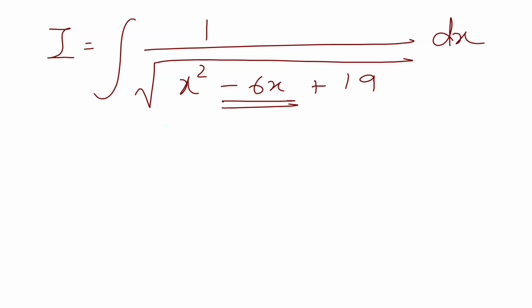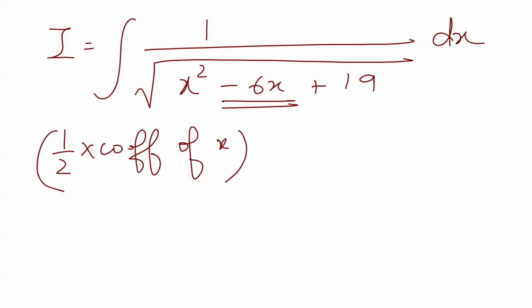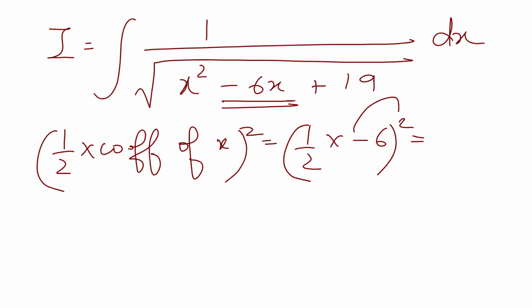So write half into coefficient of x the whole square. Half into the coefficient of x is minus 6 upon 2, which is minus 3. But the minus will go because of the square, so it will be 3 square. Don't open this and write 9; keep it as it is.